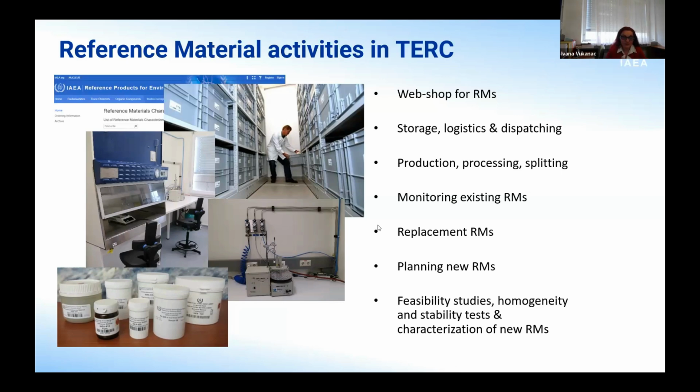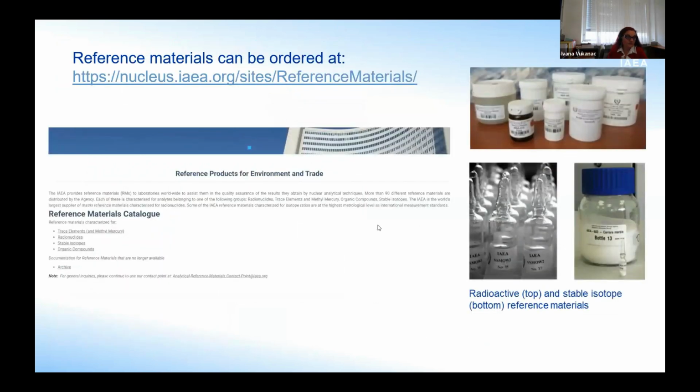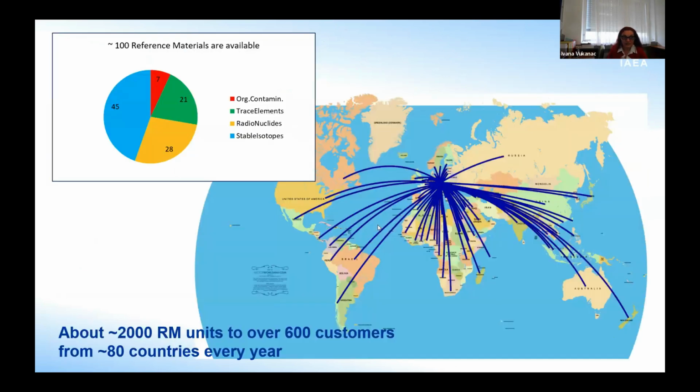reference materials, starting with the planning and, what is visible from the end user side, maintaining the web shop for reference materials. Here I gave you on this slide the link to our web shop, and now we have approximately 100 reference materials available.